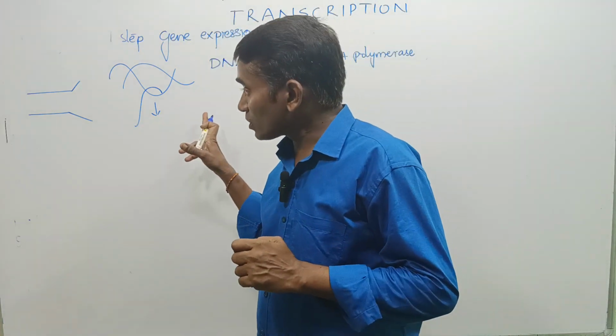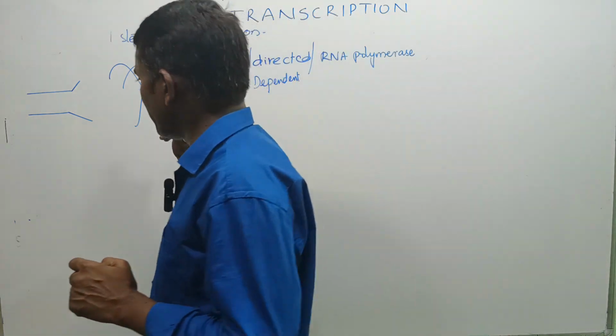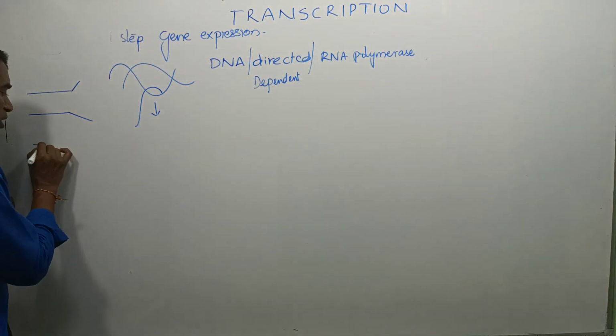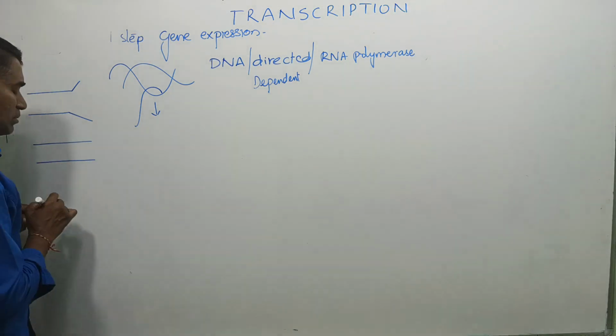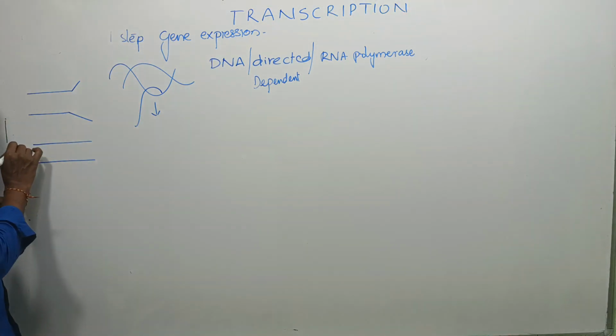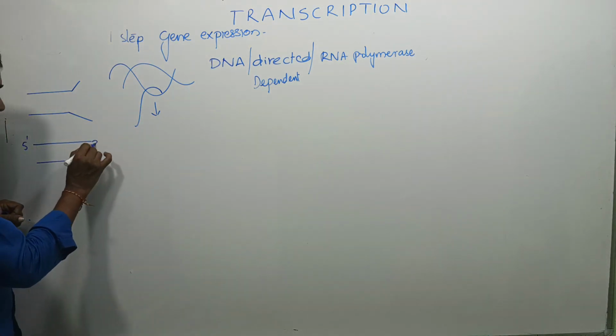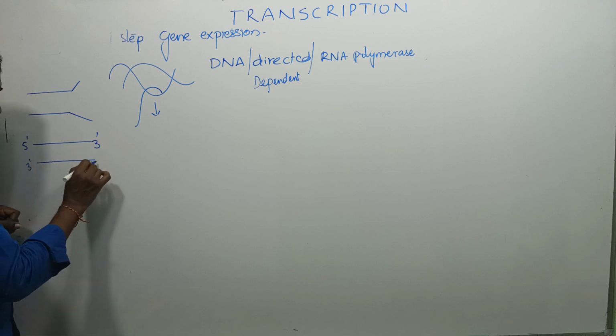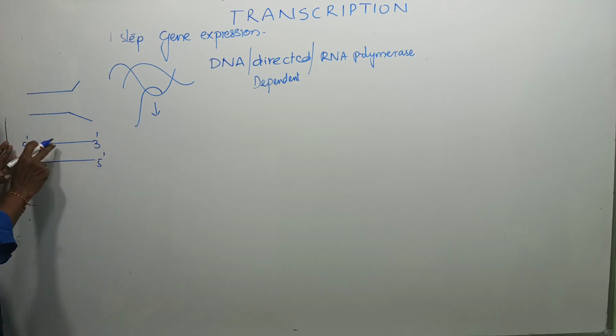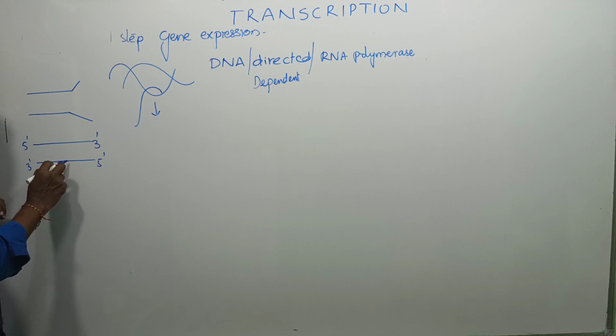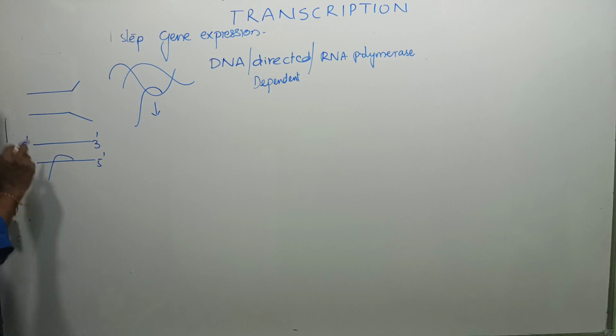When it comes to transcription, out of two DNA strands, only one of the strands acts as the template. Let's suppose this is the 5' to 3' strand, and this is the 3' to 5' strand. The strand opposite to the 5' to 3' strand acts as a template for RNA synthesis.